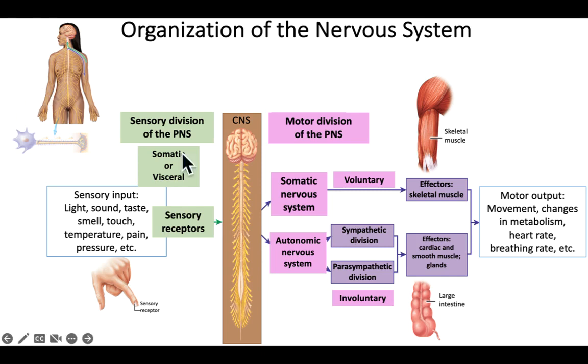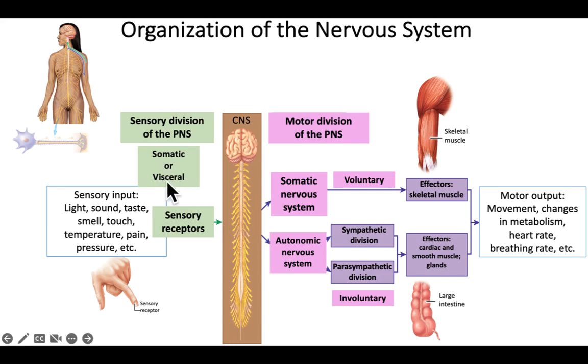We can call it somatic senses. Somatic are more of the conscious things you can perceive. It usually involves your skin, so you can touch and you can sense pain and pressure and temperature. Somatic also involves your special senses, which is vision, hearing, taste, smell.